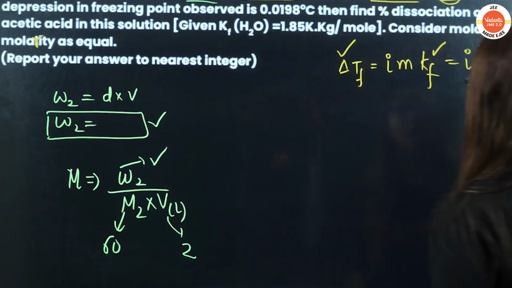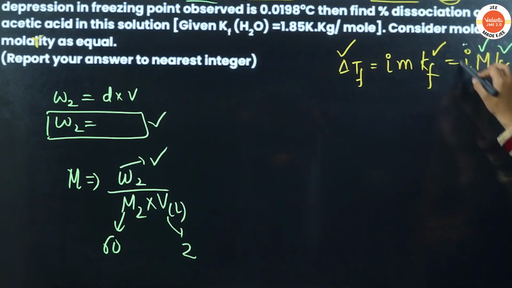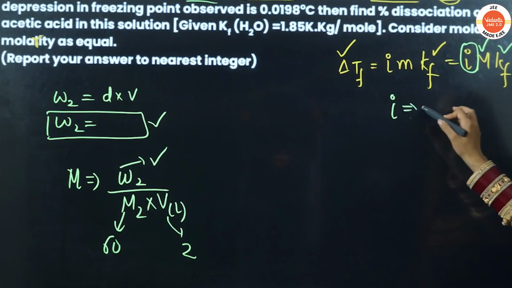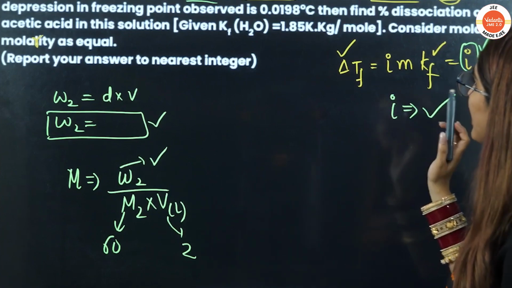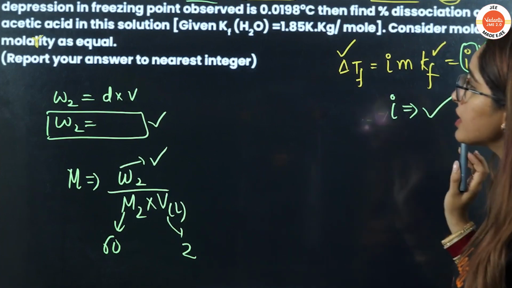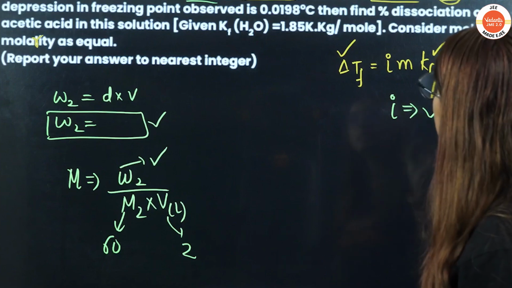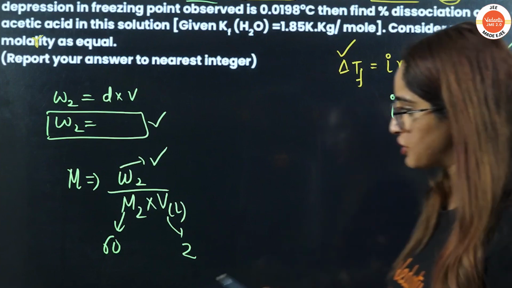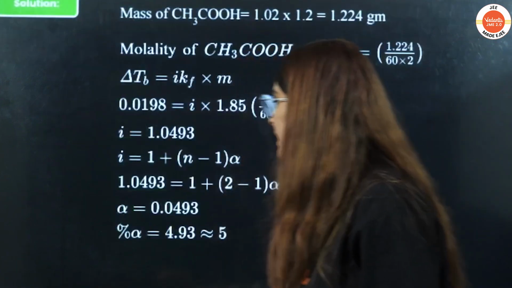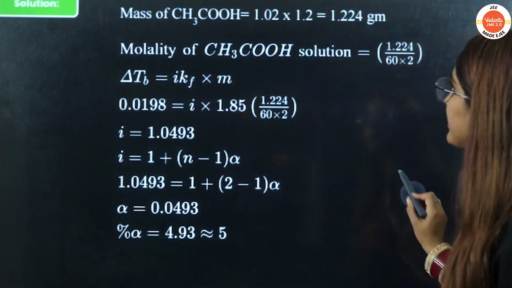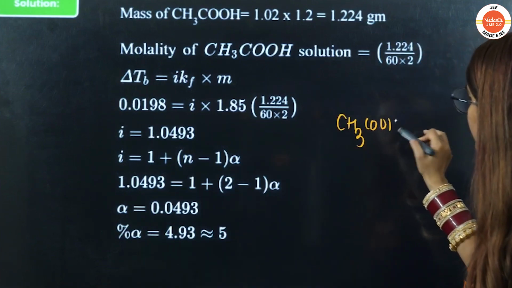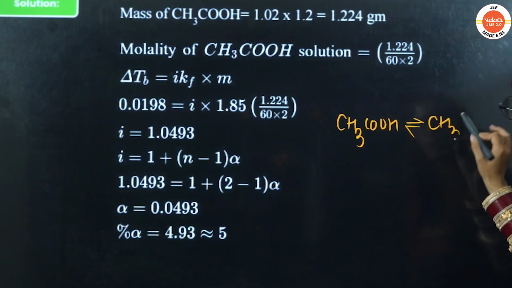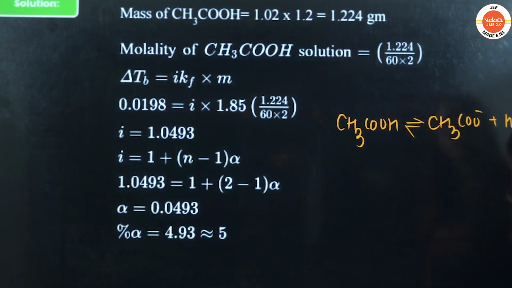You know the value of molarity also, you know the value of KF also. From here you can calculate the value of i, that is van 't Hoff factor. Once you know the value of van 't Hoff factor, report your answer. What they are asking, find the percentage dissociation. Then we know that CH3COOH gives rise to CH3COO negative plus H positive.